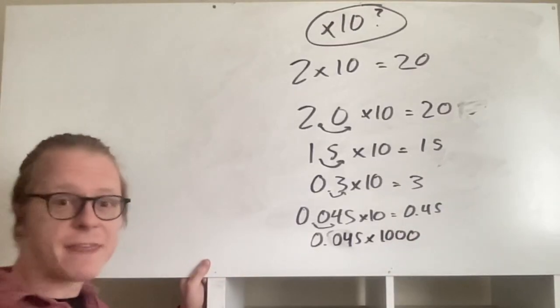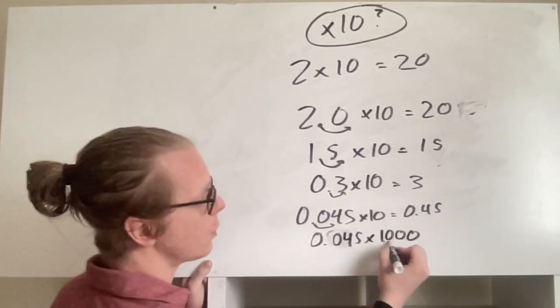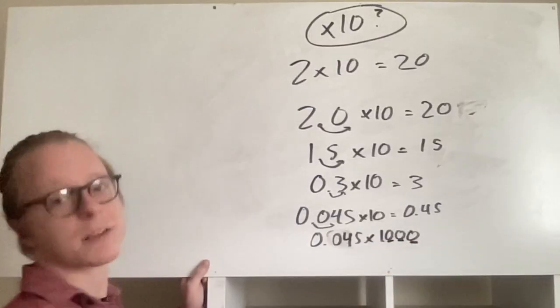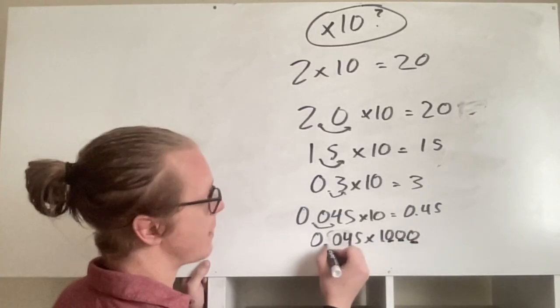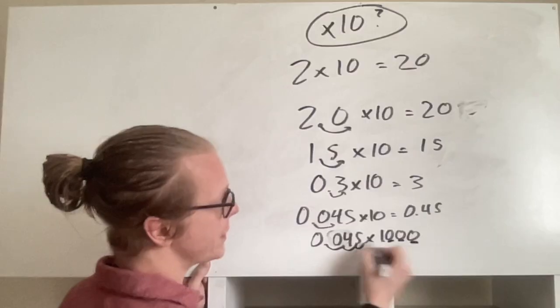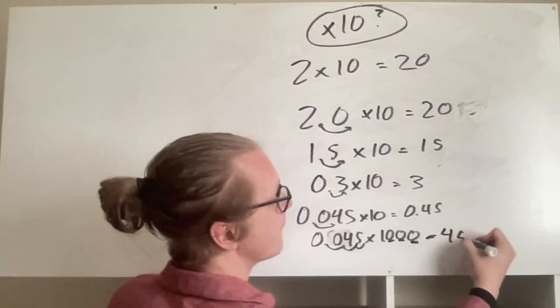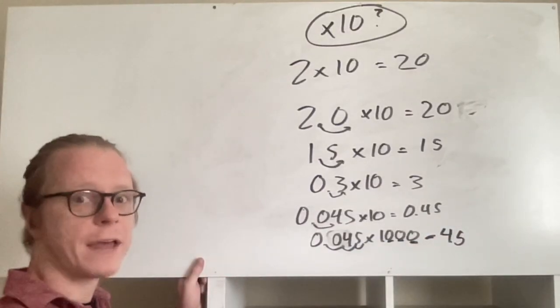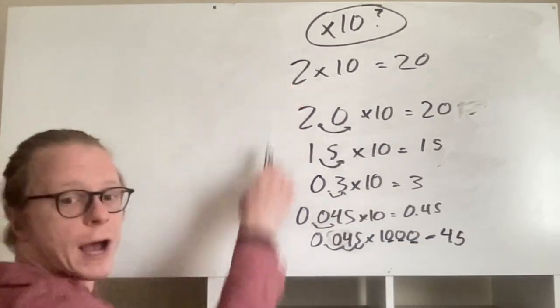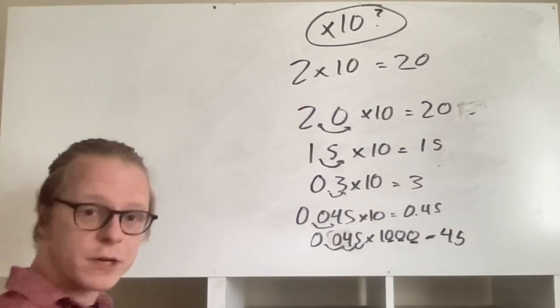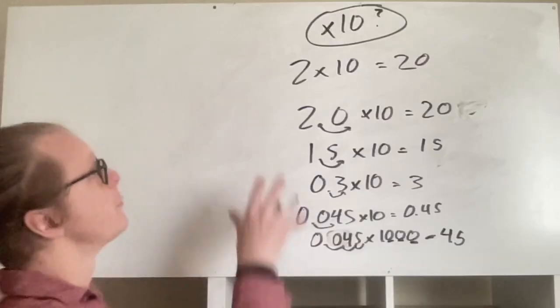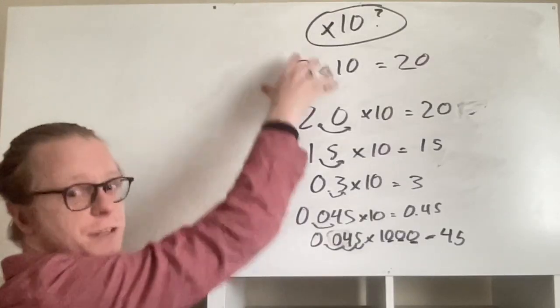Well, if I multiply by 1,000, I'm going to move my decimal 1, 2, 3 spots to the right. So multiplying by 1,000, 1, 2, 3, gets me 45. Okay, this is an important thing to keep in mind as we look at how we deal with long division when we have decimals in both the dividend and the divisor.